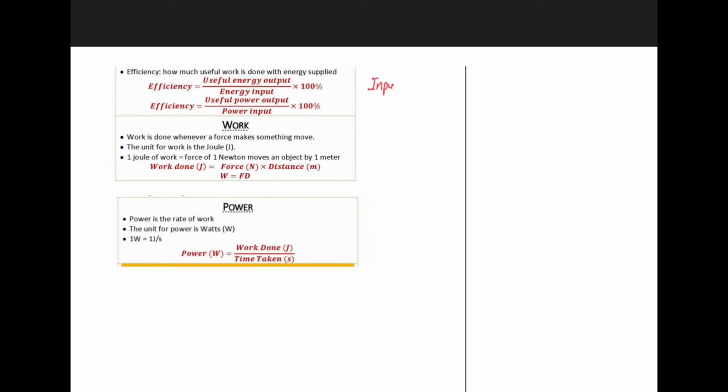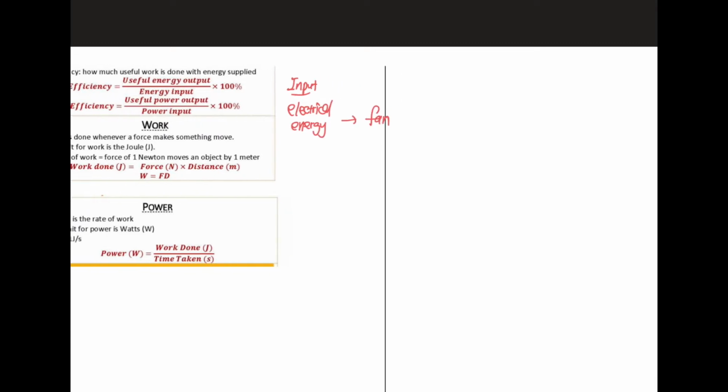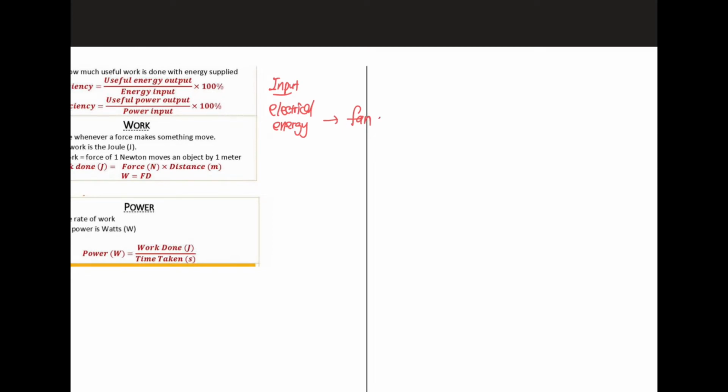The input is the electrical energy that goes to the fan, and then the fan changes the energy to mechanical energy, which causes the blade to spin and produces wind. That is what we want.